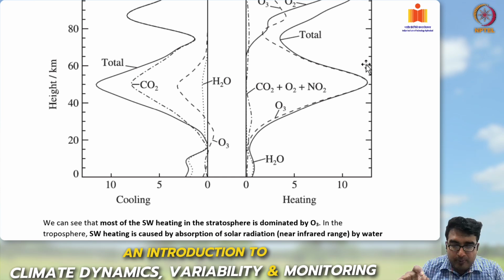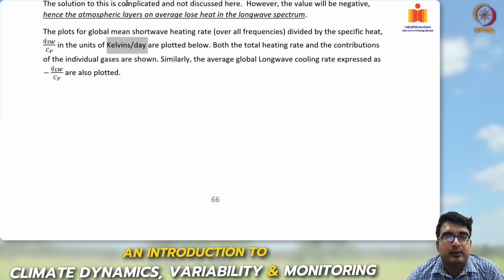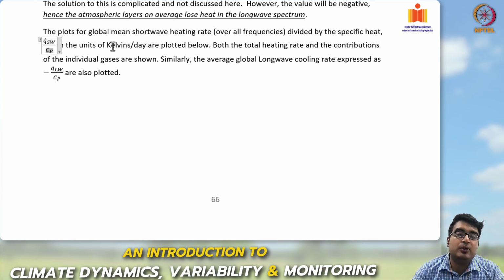This does not mean that the heating rates in the stratosphere are much larger. Let me explain why. This is heating rate per unit mass, Q dot SW is watt per kg, divided by the Cp term, which is joules per kg kelvin, which gives you kelvins per day. So it is per unit mass.